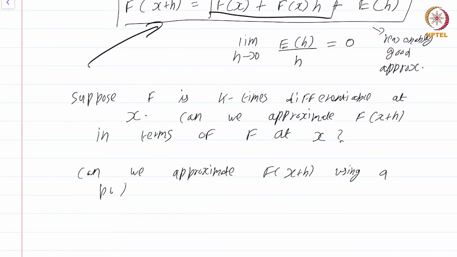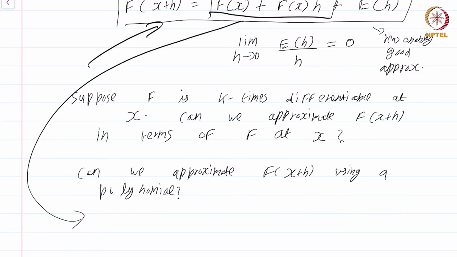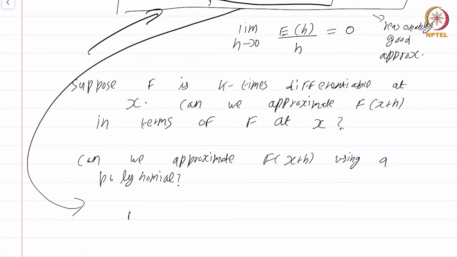Now, what polynomial would you choose? Note that the polynomial that we have considered before is f of x plus f prime of x times h. This is a linear polynomial, a polynomial of degree 1.